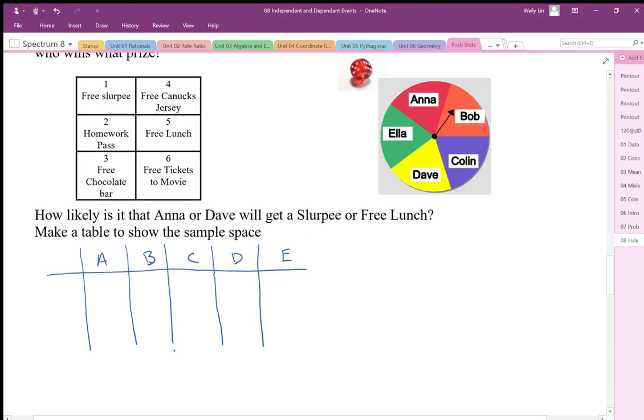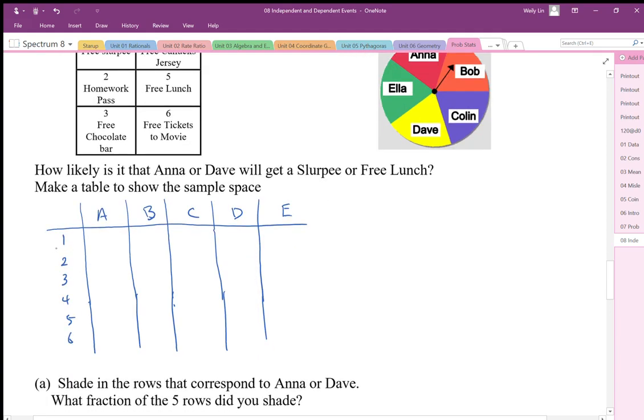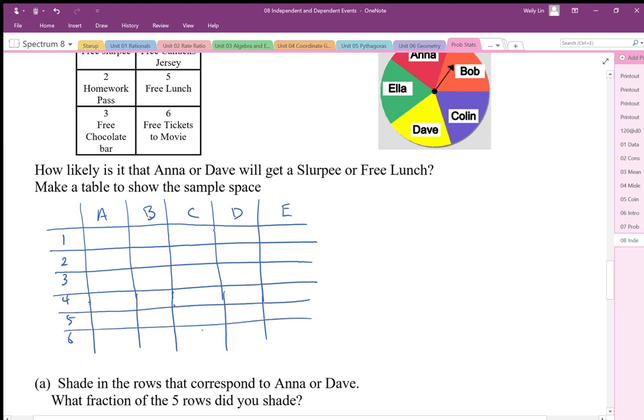Those are the people options. We also have the prize options. I'm just going to do the prizes as 1, 2, 3, 4, 5, and 6. So there are 30 elements in our sample space here.